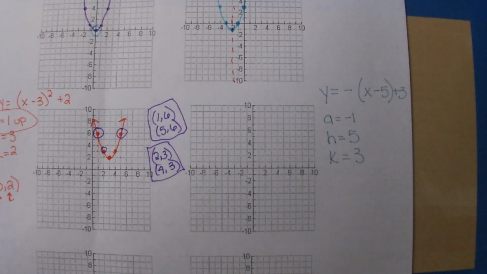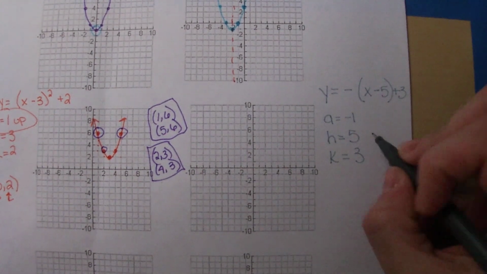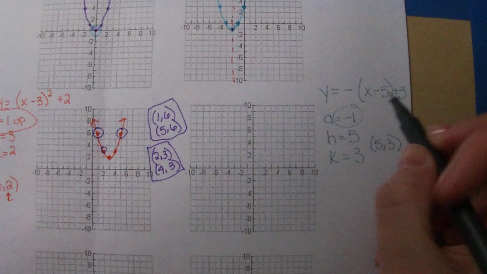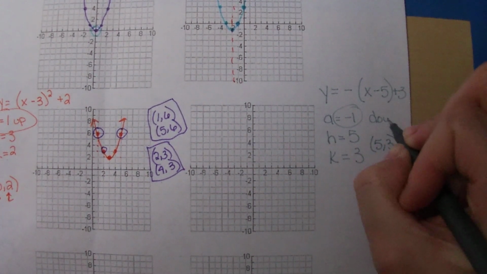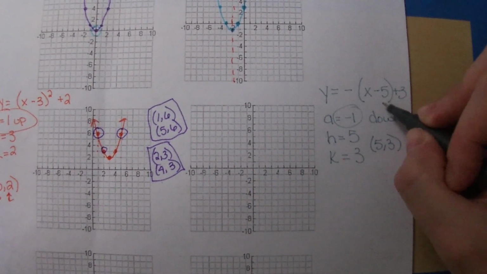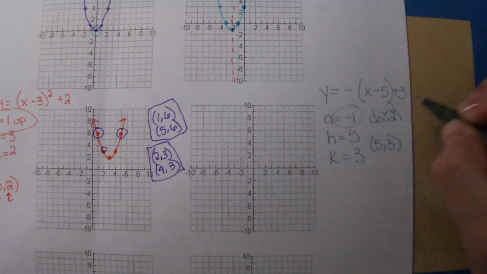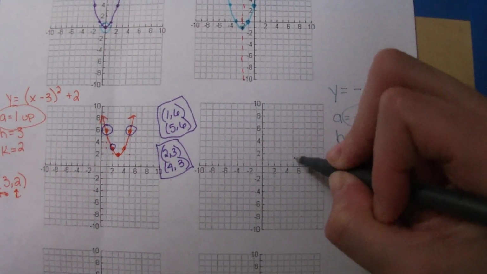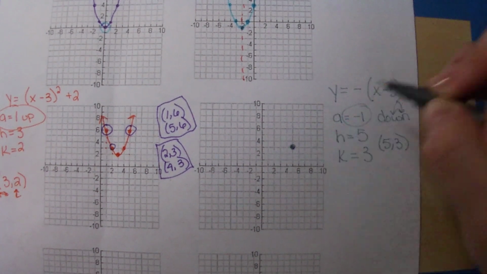Okay, so now we're going to find our starting point. Our vertex is 5, 3. And I know that this is a parabola that's now going to open down. So instead of this opening up like a bowl, right, it's going to go down like a hill. So I'm going to plot my point 5, 3.